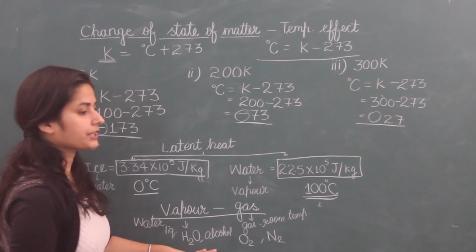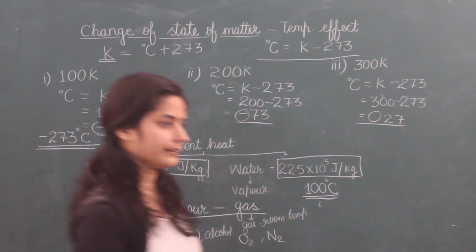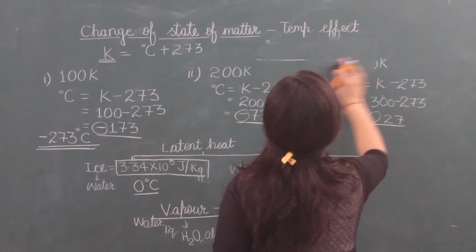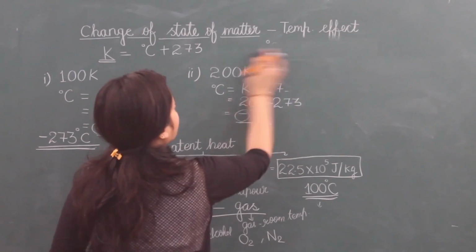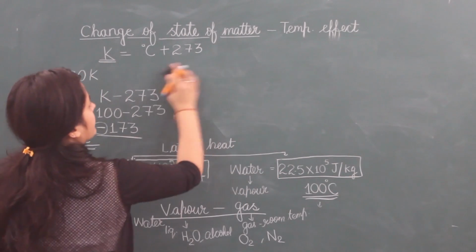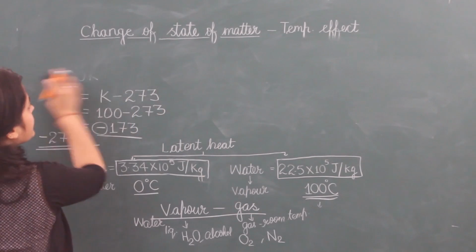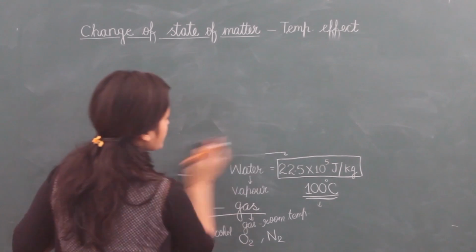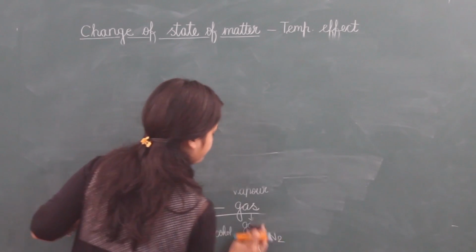So this is the main difference between vapor and gas. Now we will do the next part, in which we will study different processes for change of state of matter.